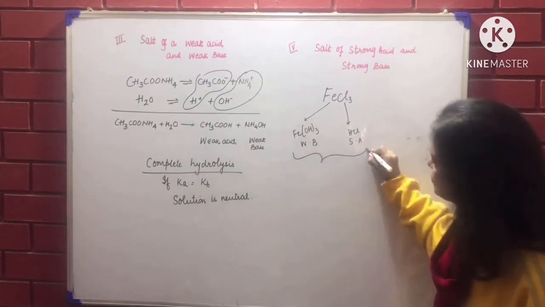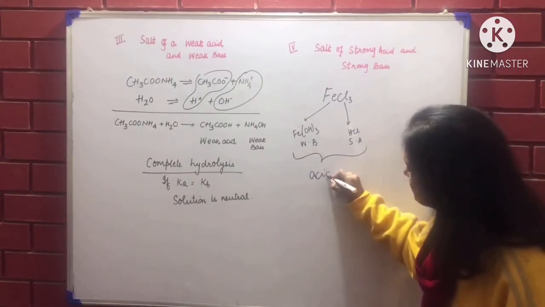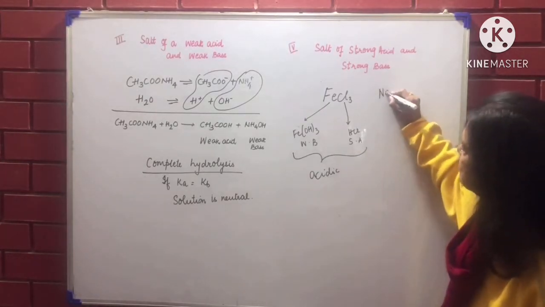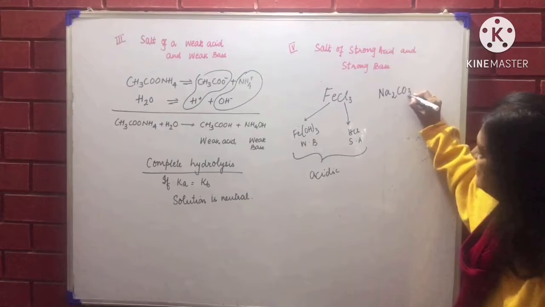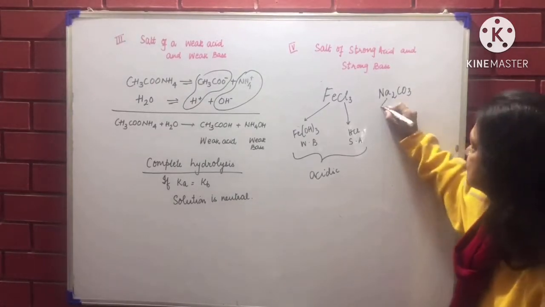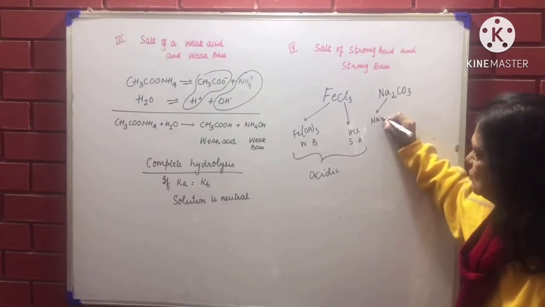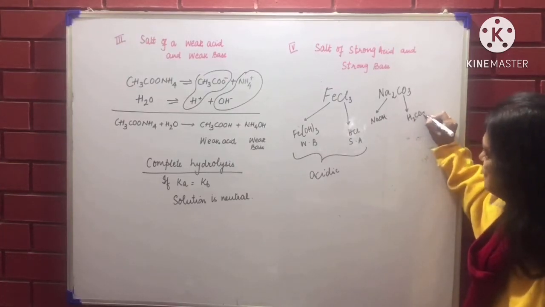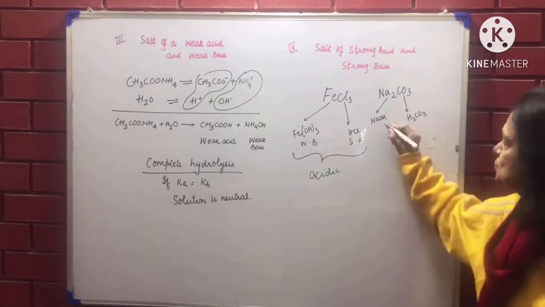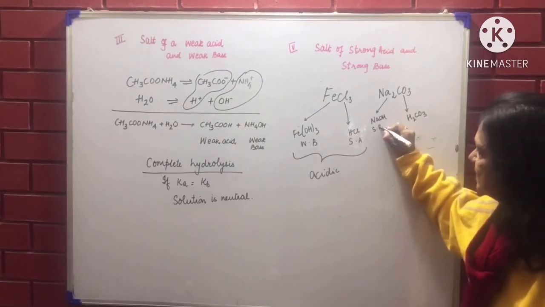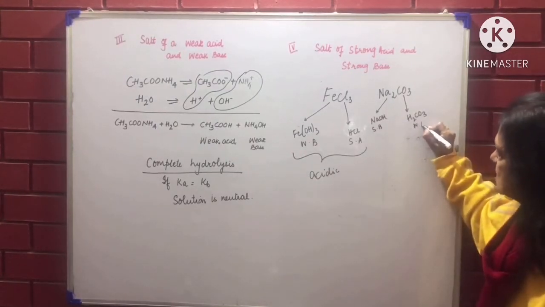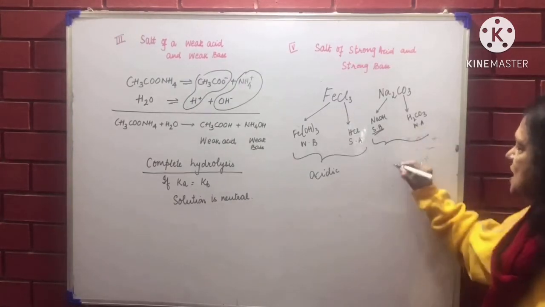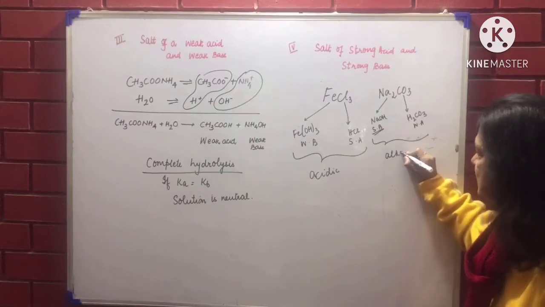So this solution is going to be acidic in nature. If I say the salt is Na2CO3, think that this is made from a base, which is NaOH, and an acid, H2CO3, carbonic acid. NaOH again is a strong base, carbonic acid is a weak acid. Whichever is strong is going to show its nature. So I'll say this solution is alkaline.